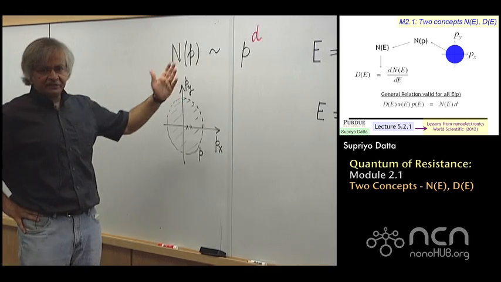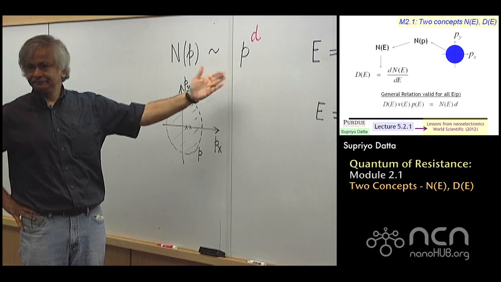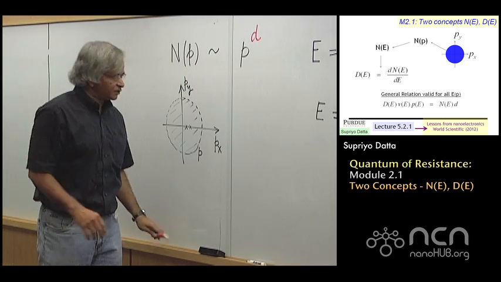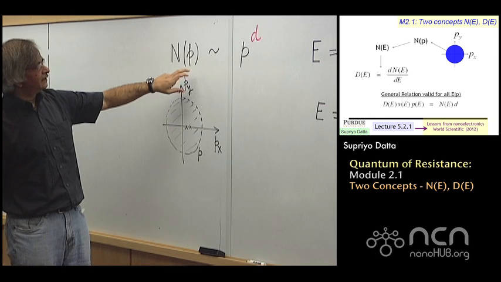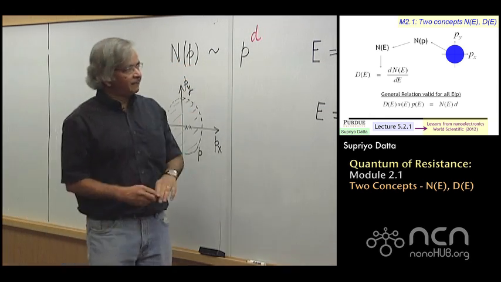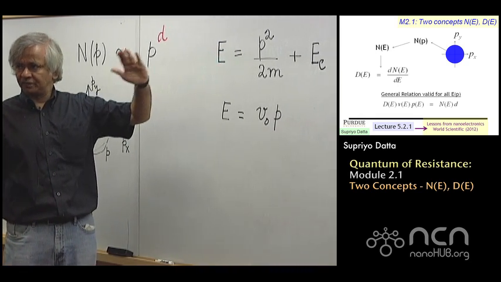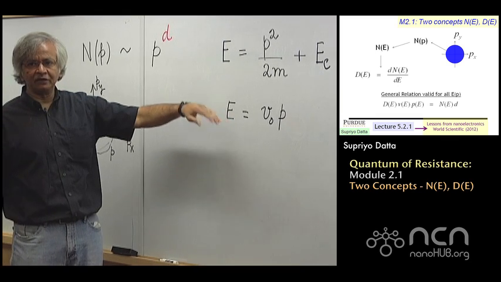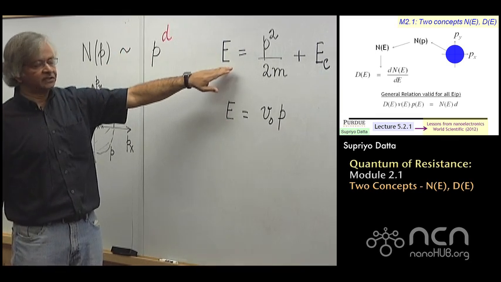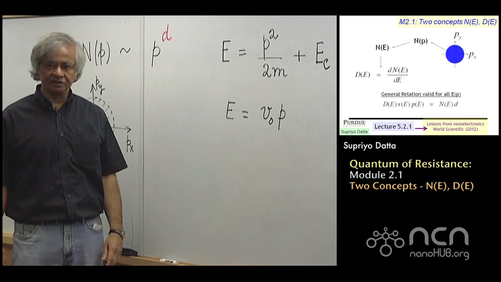Now, let's just talk about, even if we had this, what would we do with it? Well, the procedure is that we have N of P. The next step is we know the energy momentum relation from somewhere. If it's graphene, it's this one. If it's silicon, it looks like this. So these are all different energy momentum relations.